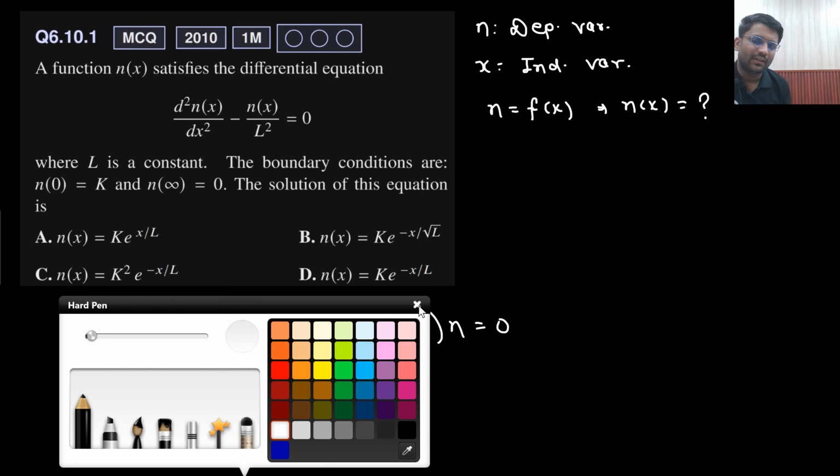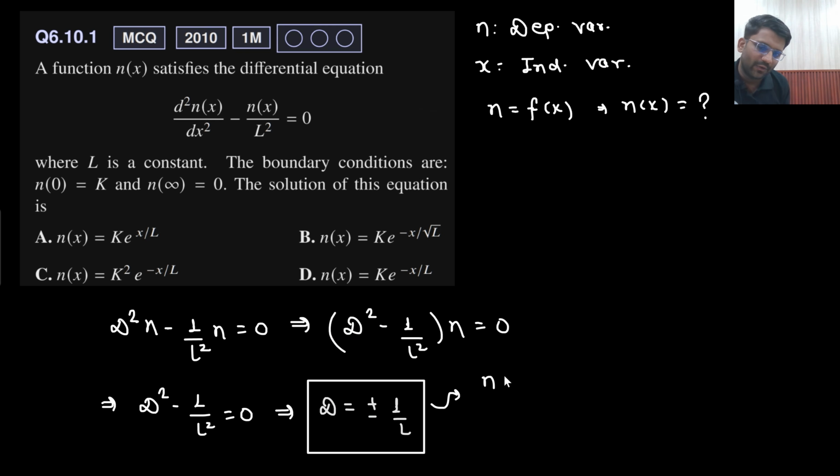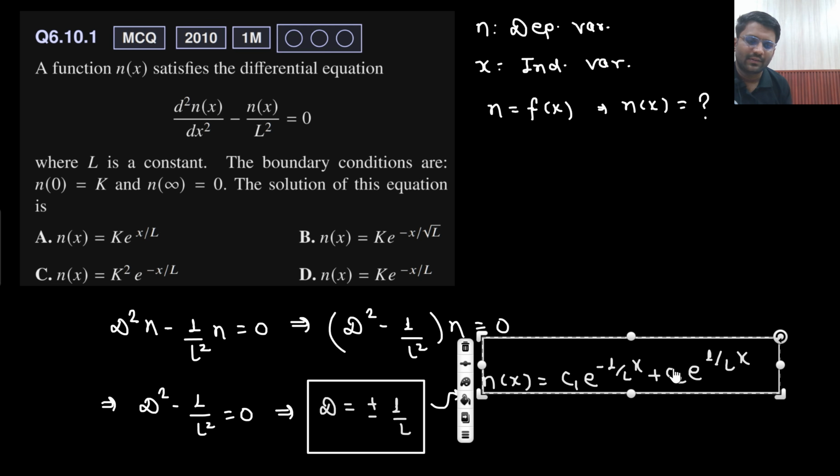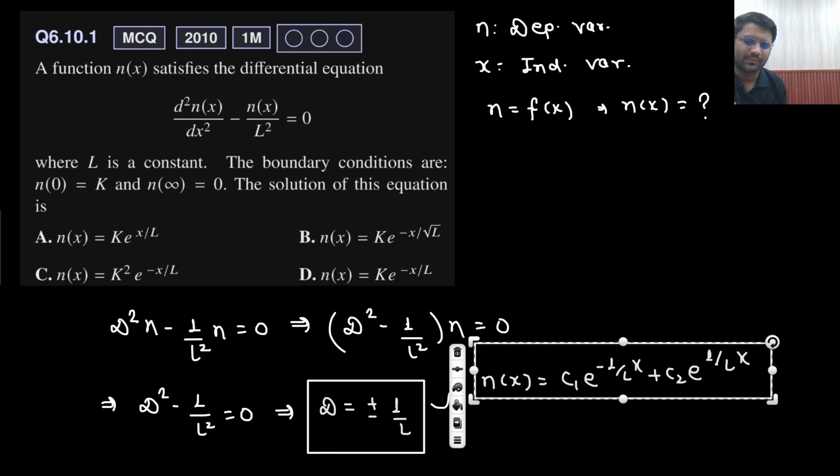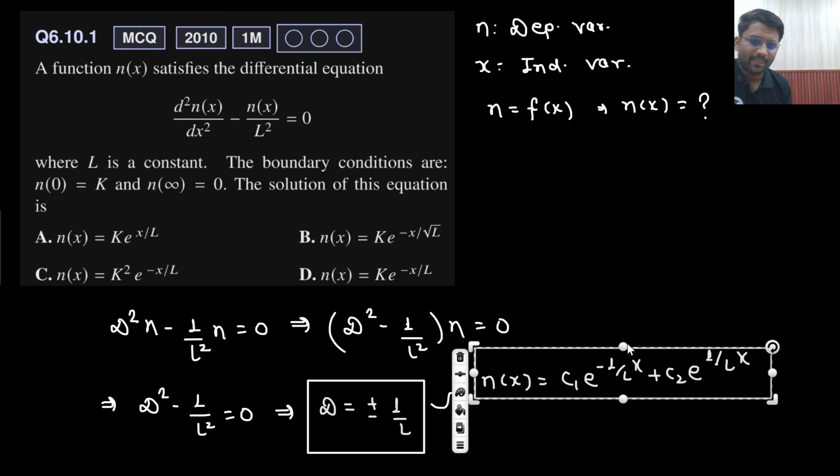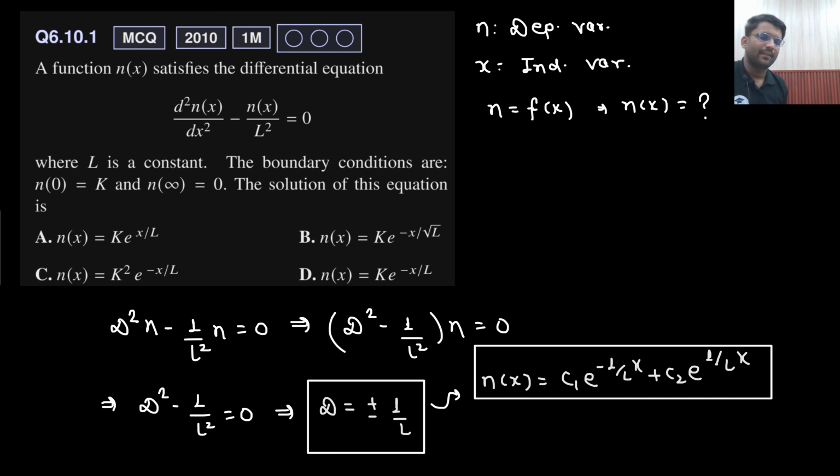If these are the roots, then what will be the value of n? That will be c1 e to the power minus 1 by l x plus c2 e to the power plus 1 by l x. This is the value of n of x you are getting. Say yes or no. Two roots are there, no?